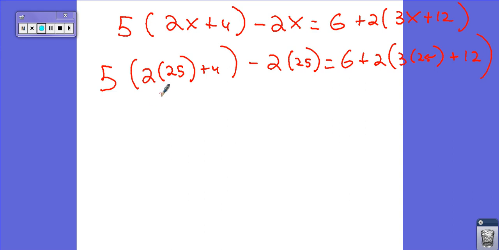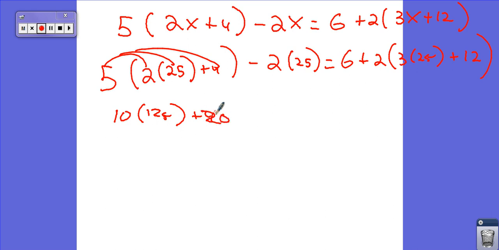If I multiply everything by 5 in here, that's going to give me 10 times 25 times 5, 125 plus 4 minus 50.